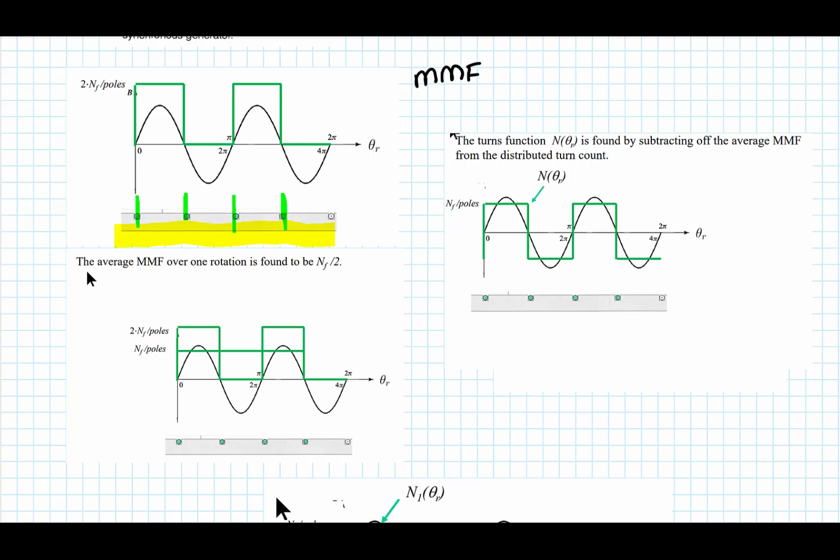And in order to understand how the MMF is developed by this field winding, we walk along this flattened out rotor structure, starting at this position right here.